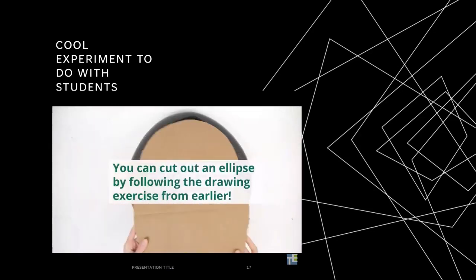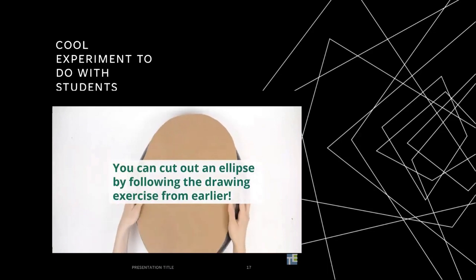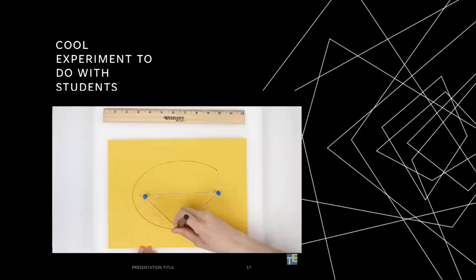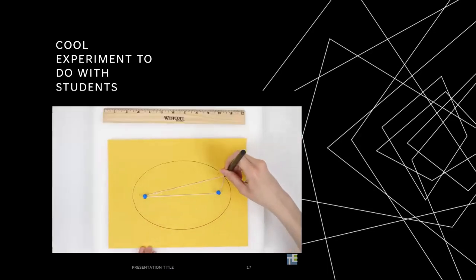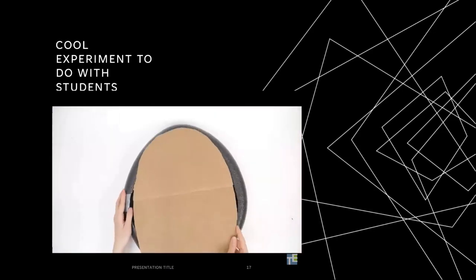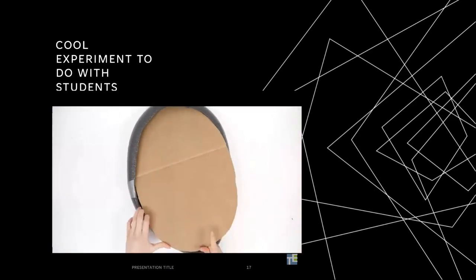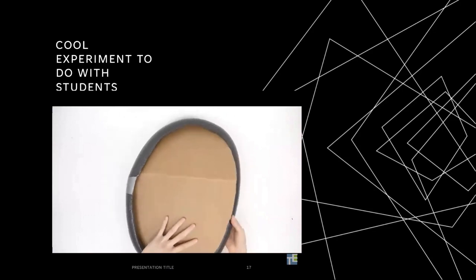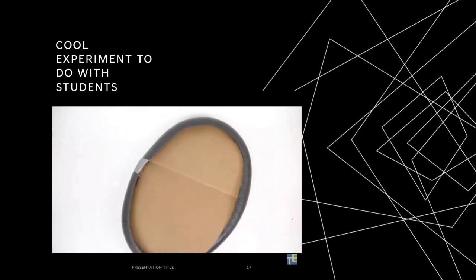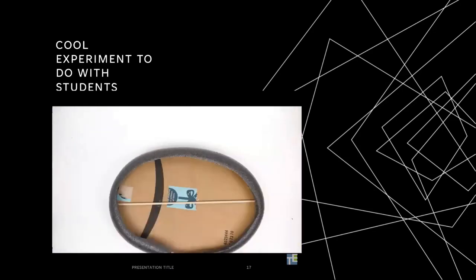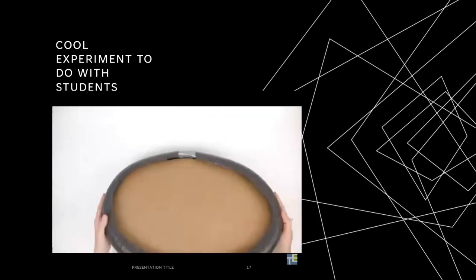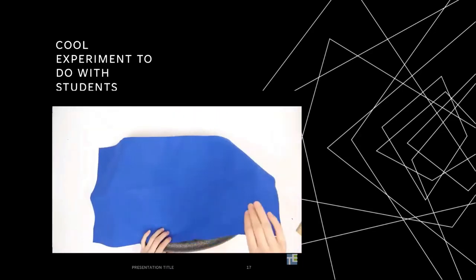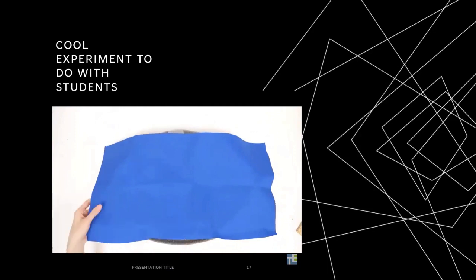So they'll put the elliptical cardboard into this shape and ensure that the focal point will be cut out and used as the hole for the ball to go into. So when they put all this together, we've got to stabilize it a little bit and make sure that the edges are in an ellipse form.